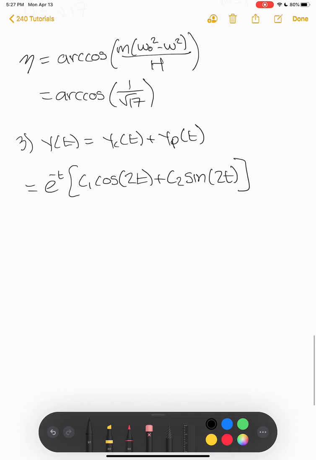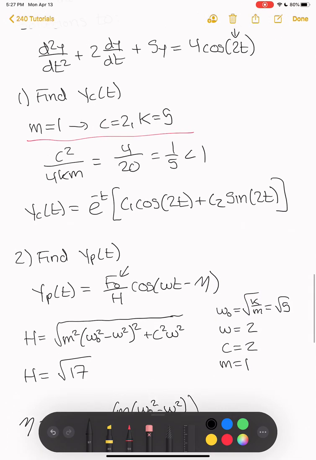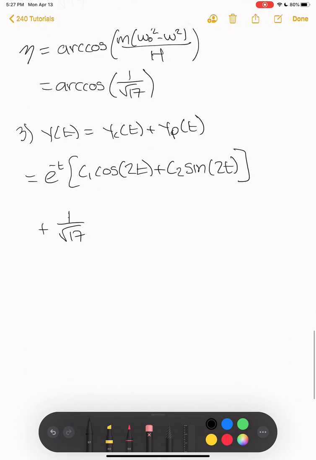And then we add to that f naught over h. Our f naught in this particular case is 4. So we have 4 over root 17 cosine of omega t, where omega was 2, minus our phase shift, which was nu, the arc cosine of 1 over root 17.